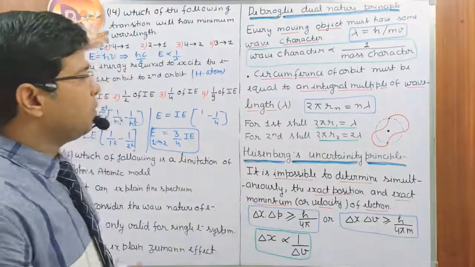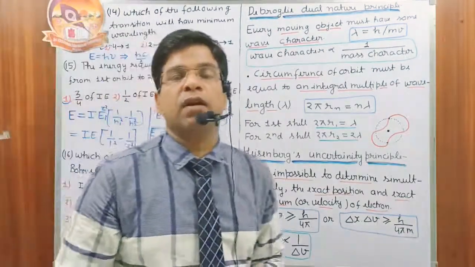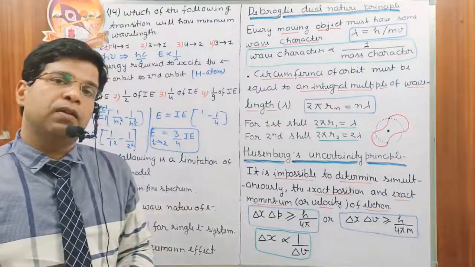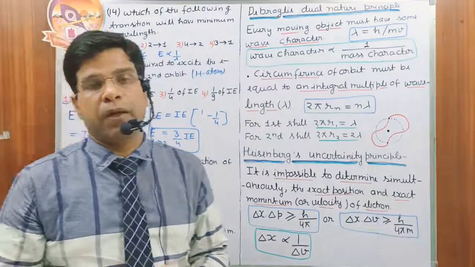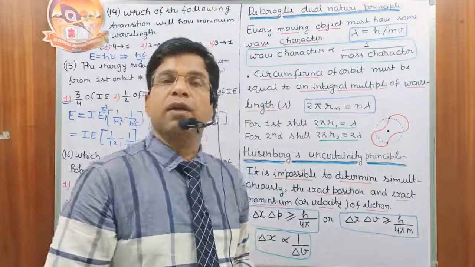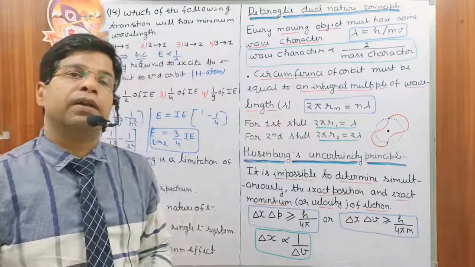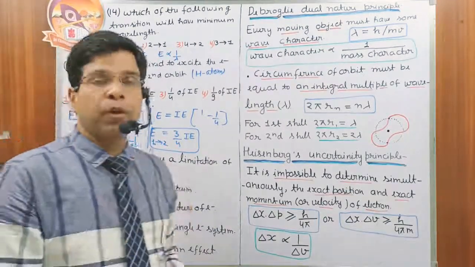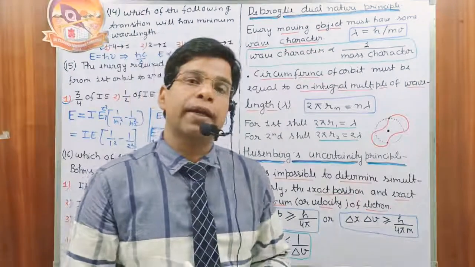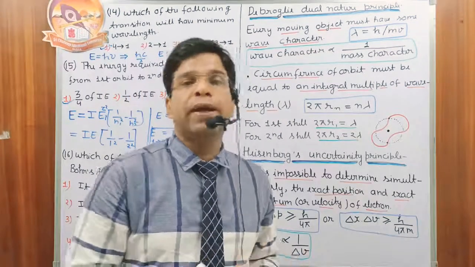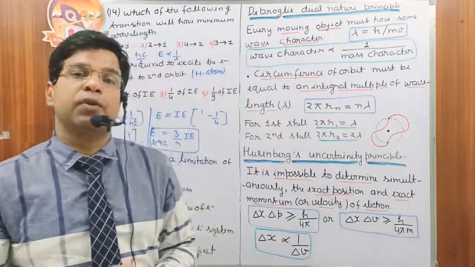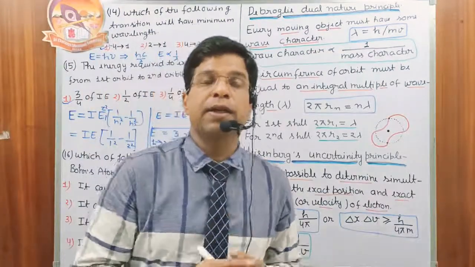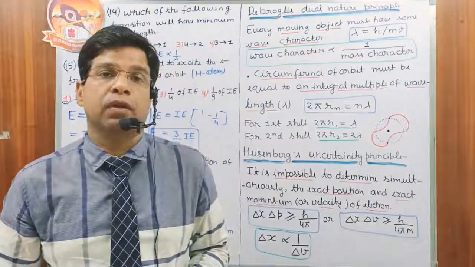After the de Broglie principle, now we have the Heisenberg uncertainty principle. According to this principle, whenever we have a subatomic particle, it has both wave character and particle character. Then what is the condition? It is impossible to calculate the momentum and the exact position of any subatomic particle like an electron simultaneously and accurately.